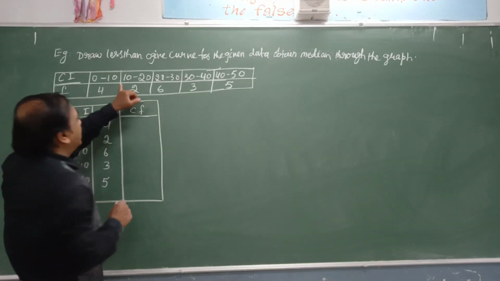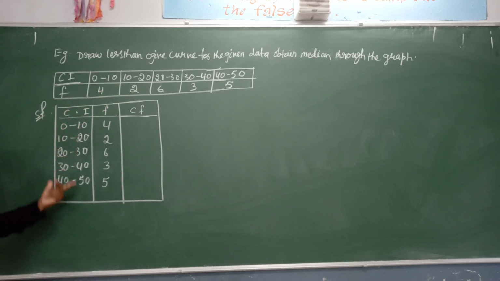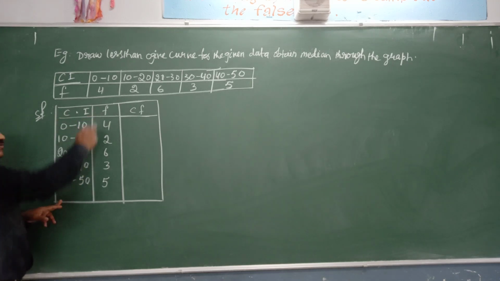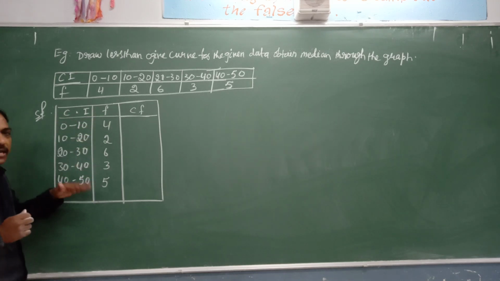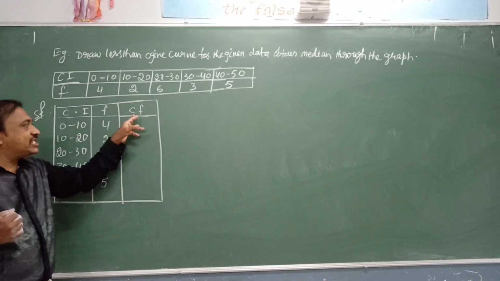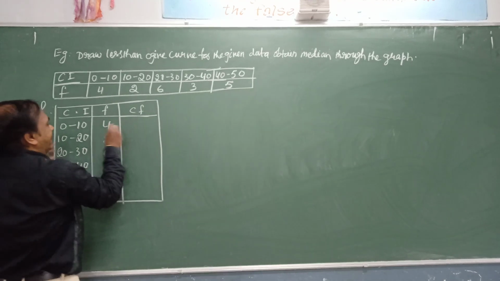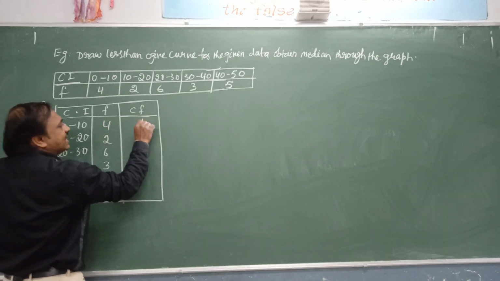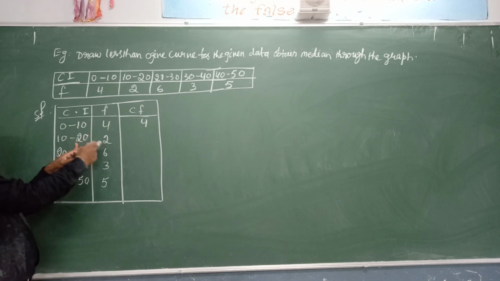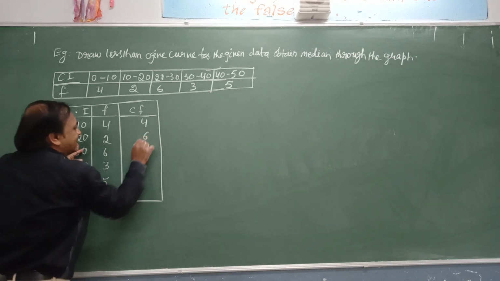Now you see, the question gives class intervals and frequencies. We write them again in the solution. Now the third column, which we need for the graph, is the cumulative frequencies. The first one we write as it is: less than 10, how many are there? 4. Less than 20: 4 plus 2 is 6.